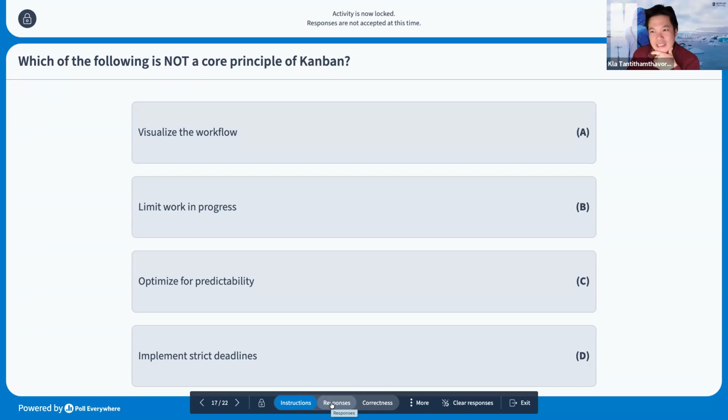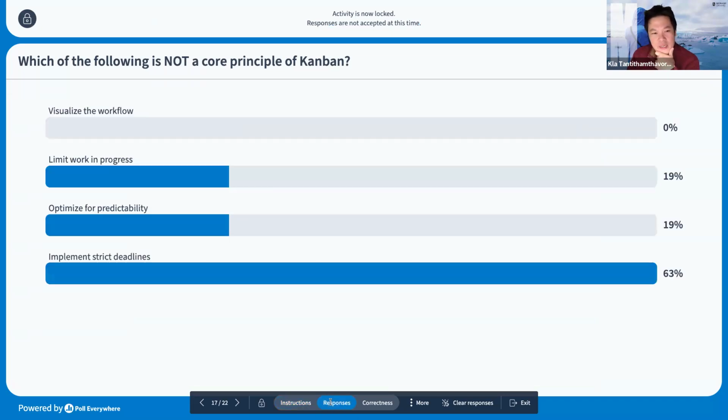I think the one that is not should be, let me think, strict deadline. Okay, it should not be the strict deadline. All right, the majority of the students got it correct. Limit work in progress, that's a core principle of Kanban.